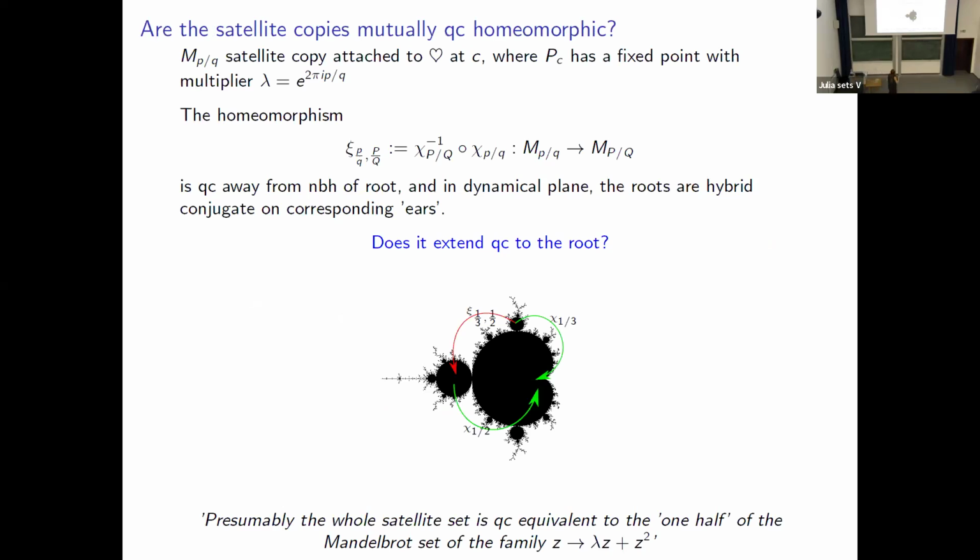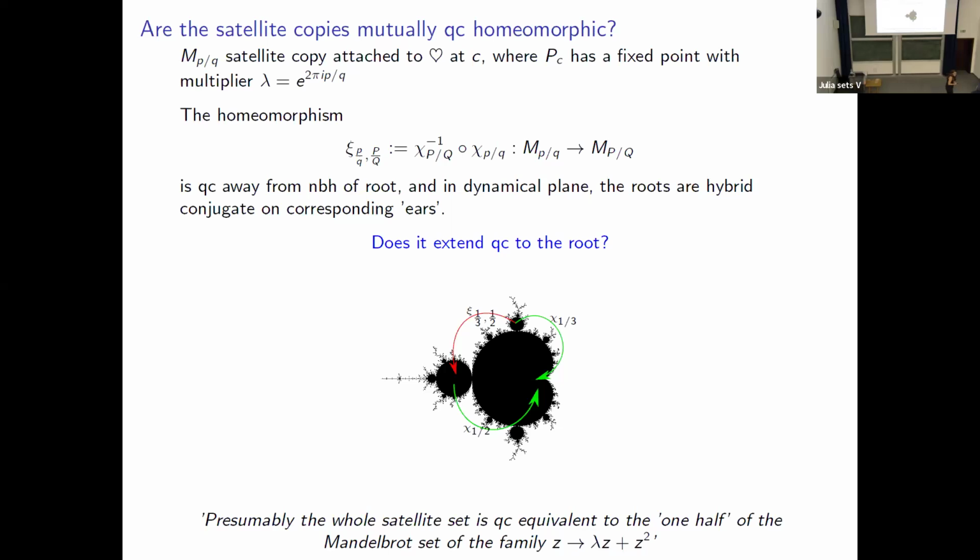So if I have two satellite copies, let's say this one and this one, I can compose the Douady-Hubbard parameter plane homeomorphisms going from the satellite copy to the Mandelbrot set and back. So I get a homeomorphism that goes between one copy and the other one.